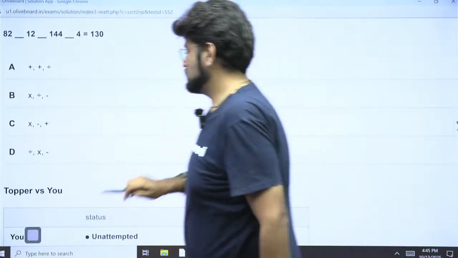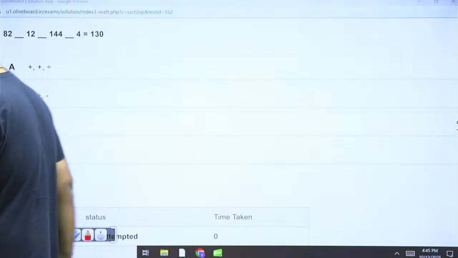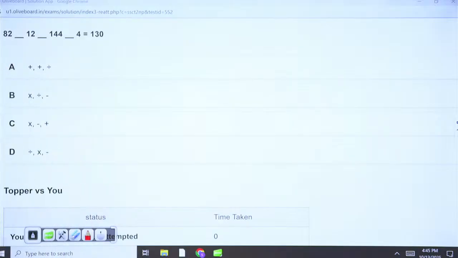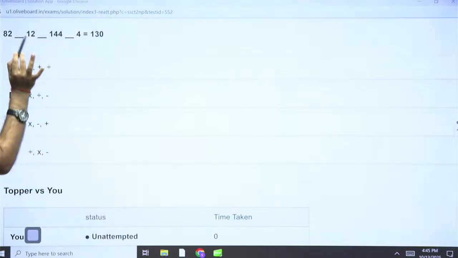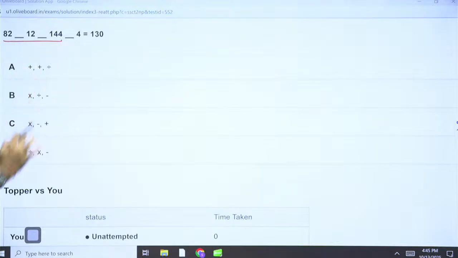Okay, combinations of signs needs to be chosen. So divide is here, divide is here, divide is here. 82 and 12 multiply by 144. So 12, 12, 82 possible, but then answer is going to go much outside 130. So this is gone. 12 divided by 144, 1 by 12 into 82, not making sense. So this is gone.